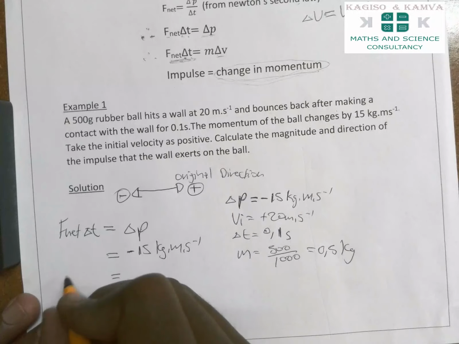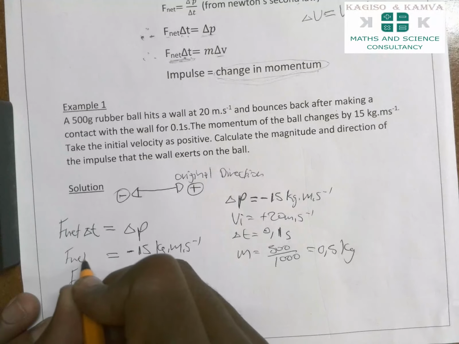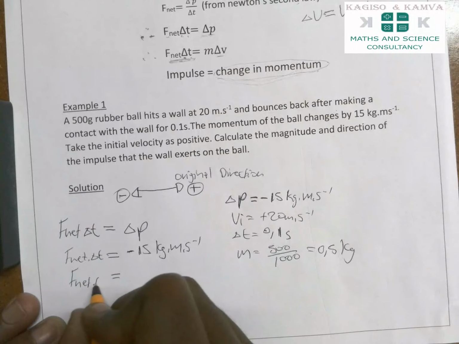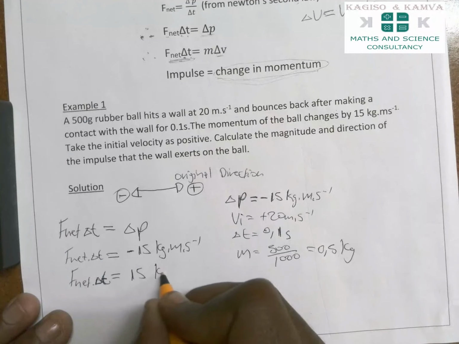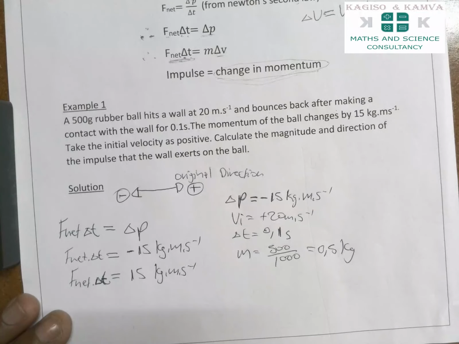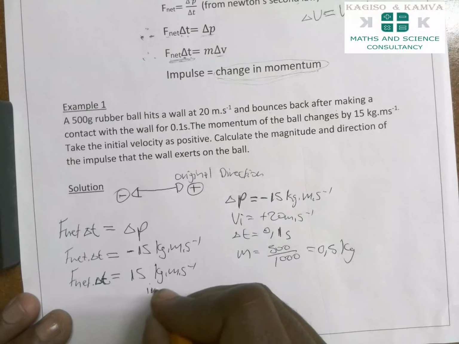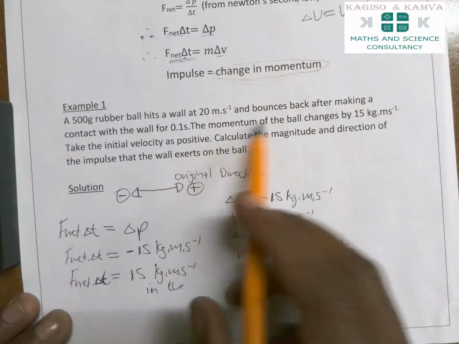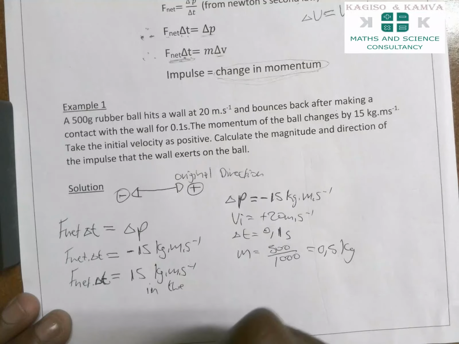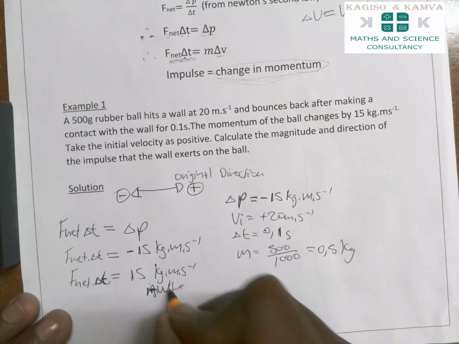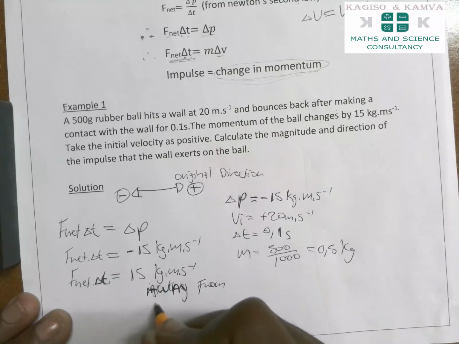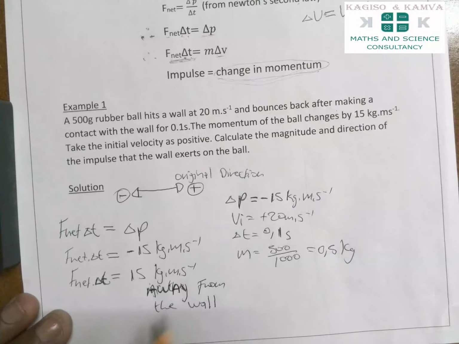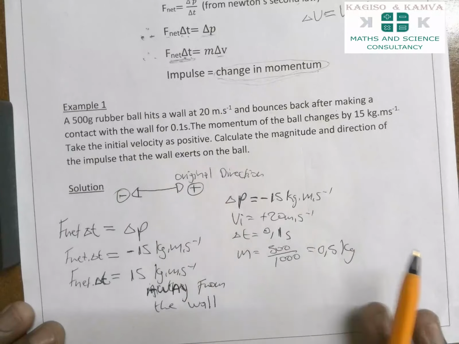Now the impulse is going to be 15 kg meter per second away from the wall. That will be the impulse of this rubber ball.